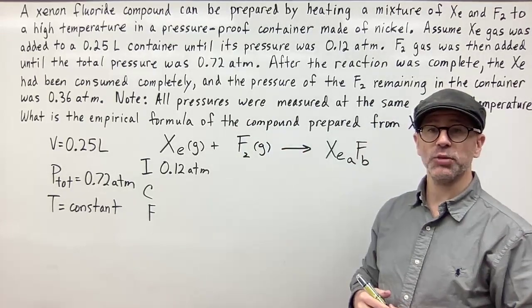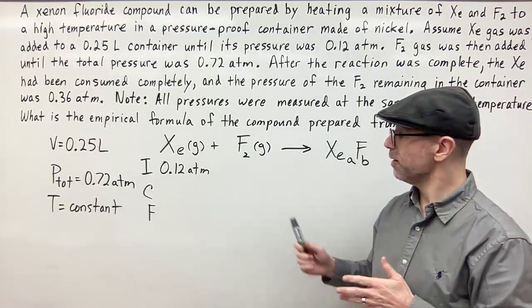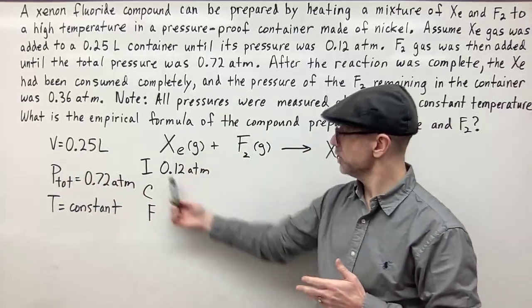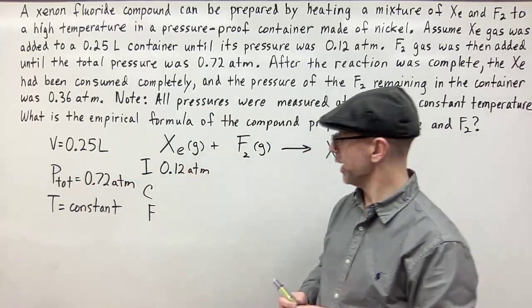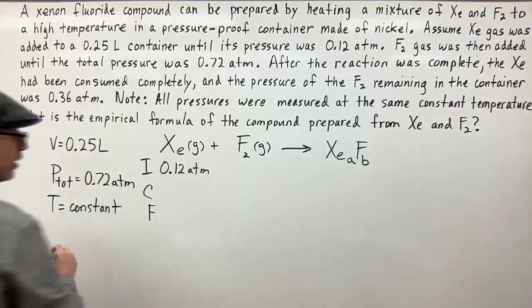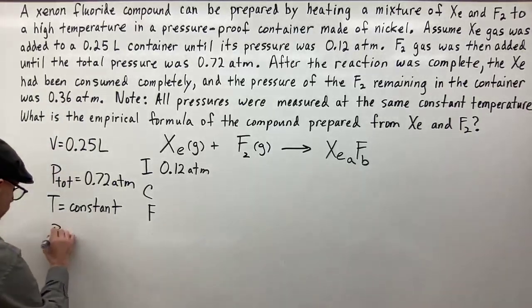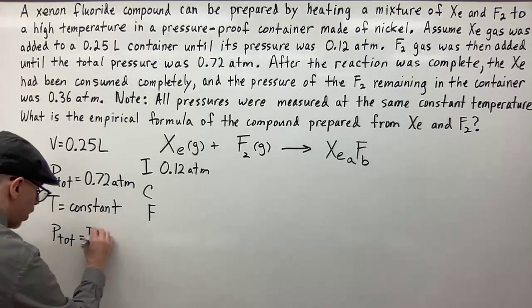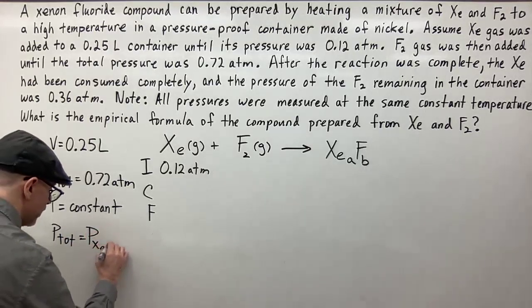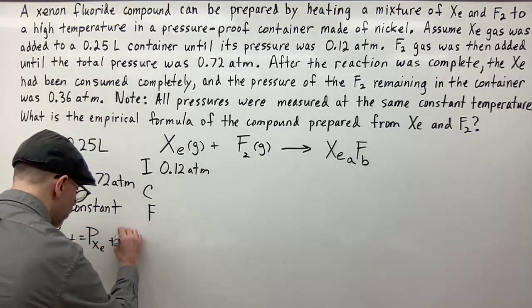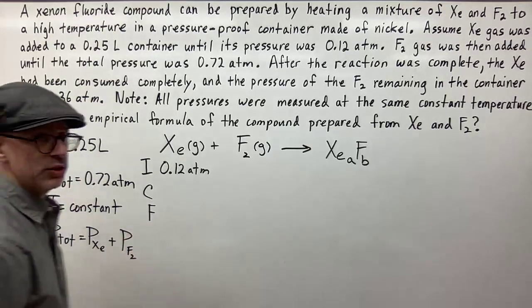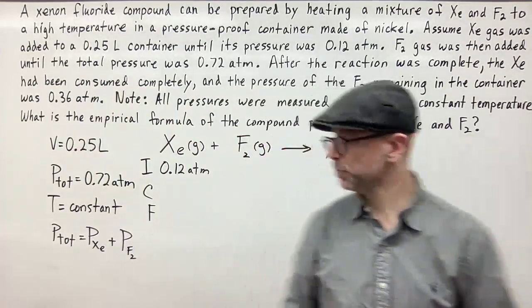Well, that's going to be the total pressure minus the pressure of the xenon, right? So if I write this here, the total pressure is going to be equal to the partial pressure of xenon plus the partial pressure of fluorine, according to Dalton's law of partial pressures.